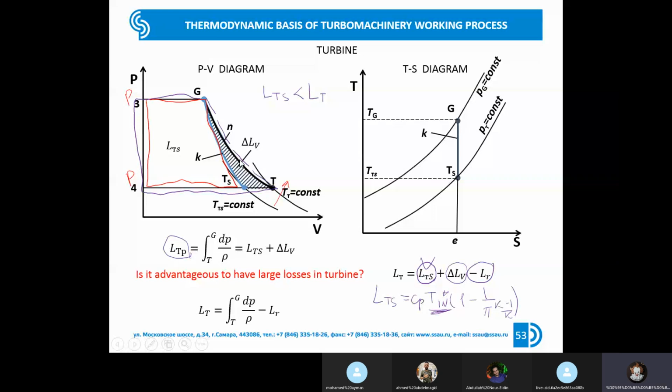So in the ideal case, in the TS diagram, the ideal process is a vertical line because it's an isentropic process. We start and come down to the point TS. But in reality, we have a much higher temperature.